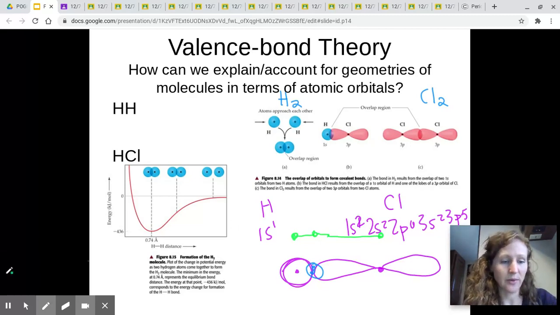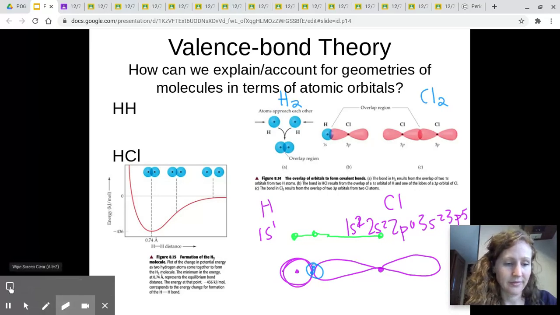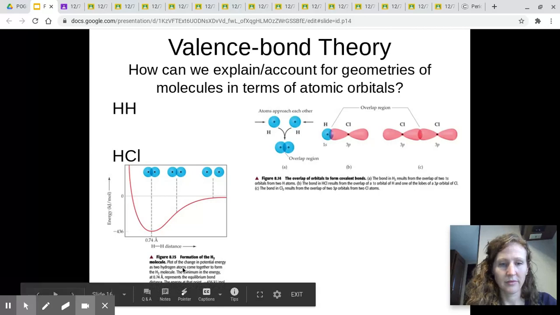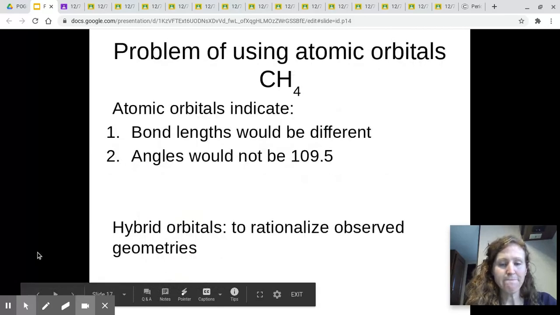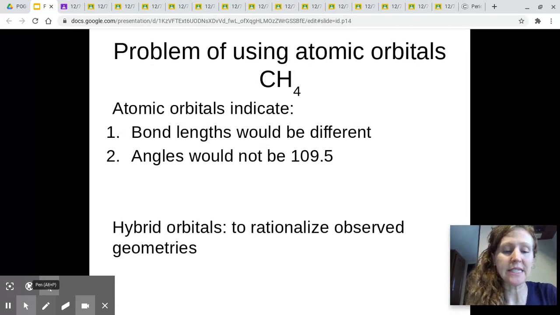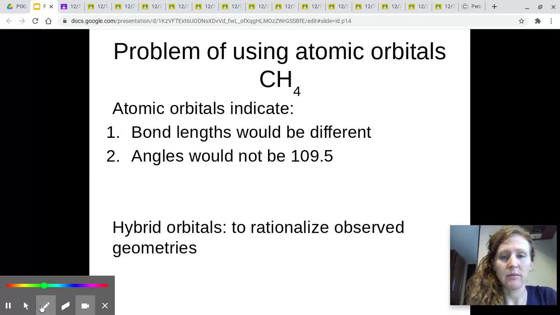All right, so here we go. Okay, actually, before we get into molecular orbitals, let me show you another model with CH4 that would also cause problems.